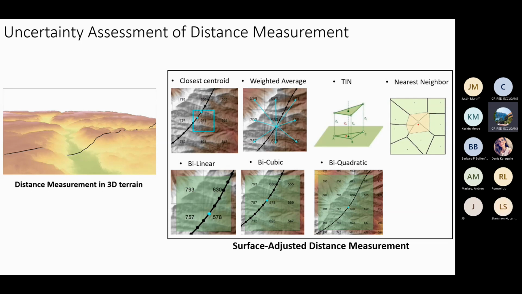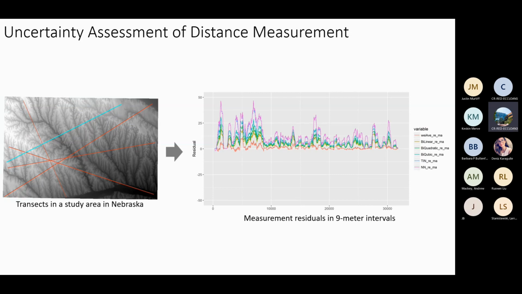So to answer this question, we evaluate the performance of 7 distance measurement methods listed here in different situations. So we create a random transect in a 3D digital terrain, and then we measure distance in fixed intervals along a transect, and then compare the distance measurement with the benchmark distance.